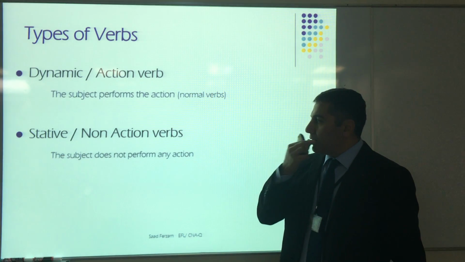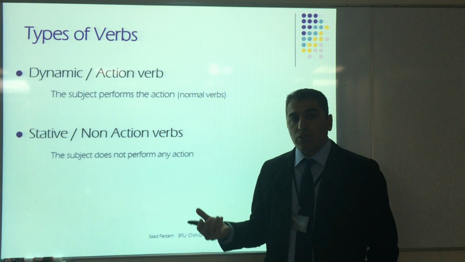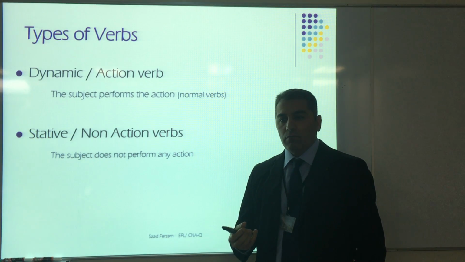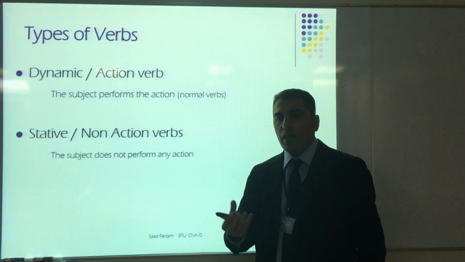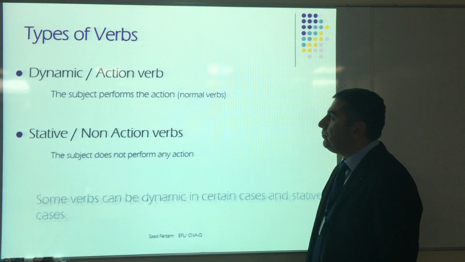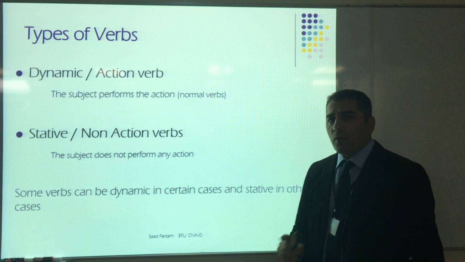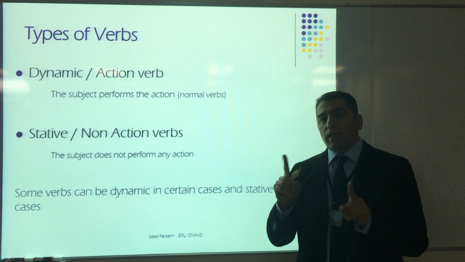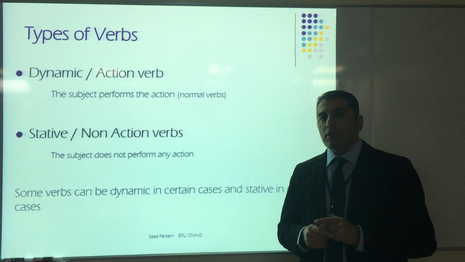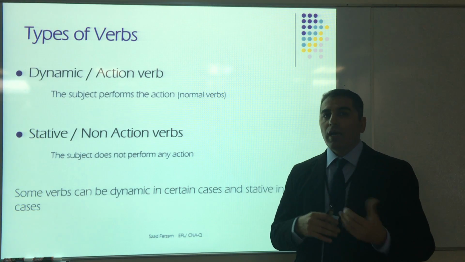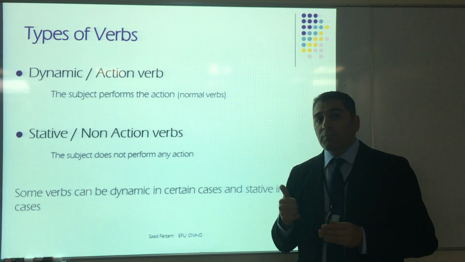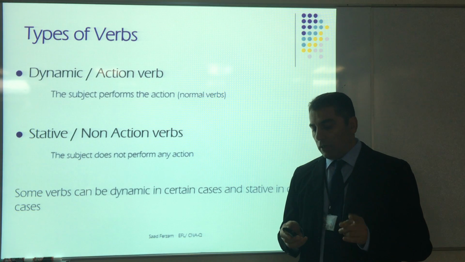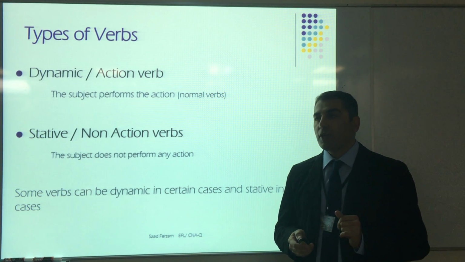With these verbs, the subject does not perform any action, doesn't move anything, it only shows a state or a way of being. Now, what we need to know though is that some verbs can be confusing in terms of action or non-action, because sometimes they could be action verbs, sometimes non-action verbs, depending on the sentence and depending on the subject.